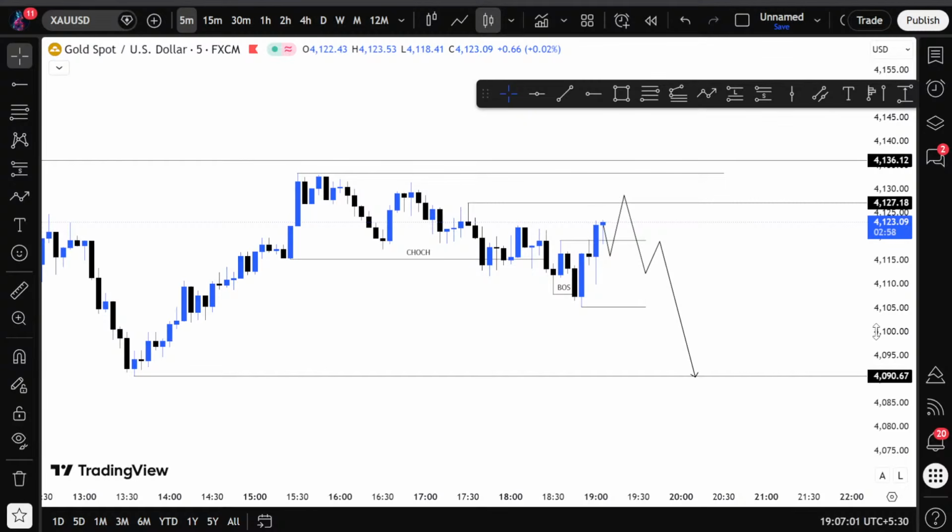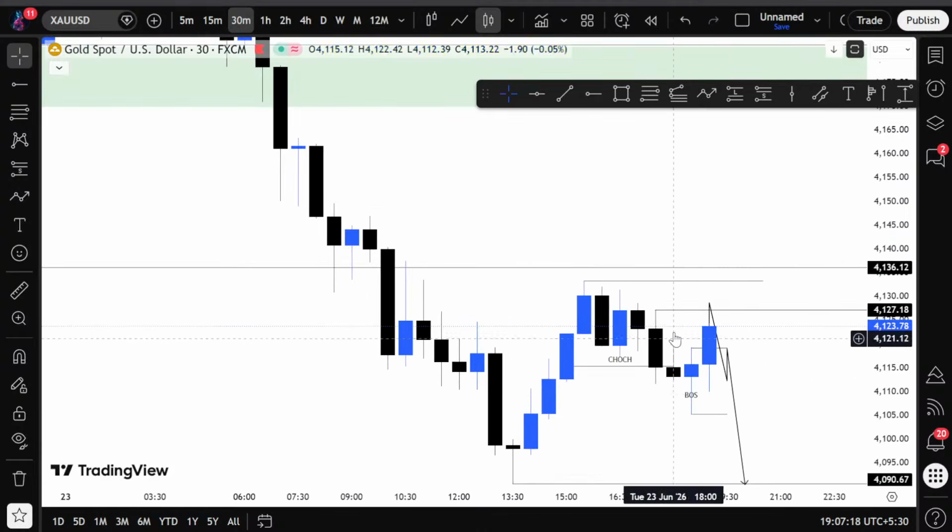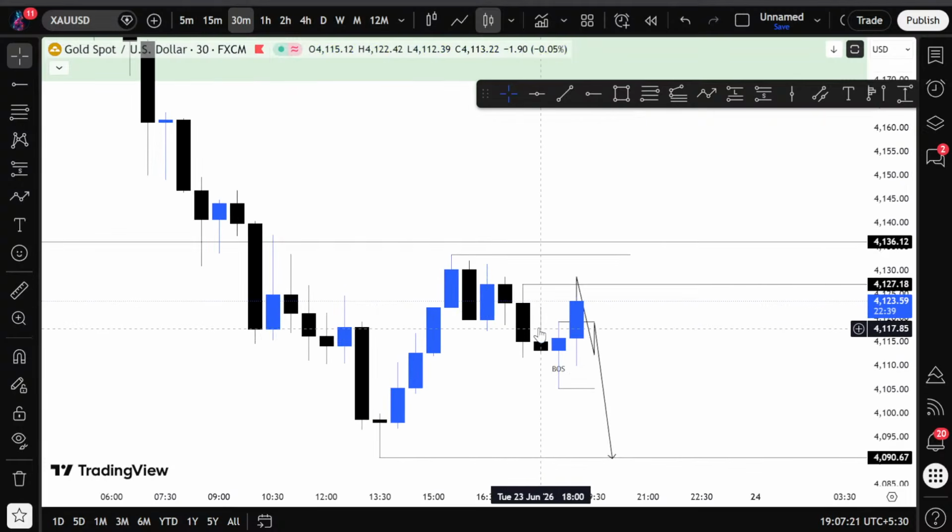Can we short now? No, brother, no. We already have one candle closing above. We need the second candle to close back below, as we are not shorting here. We need a sweep of 4127. 30-minute momentum is bearish. Let me just show you a clear picture.